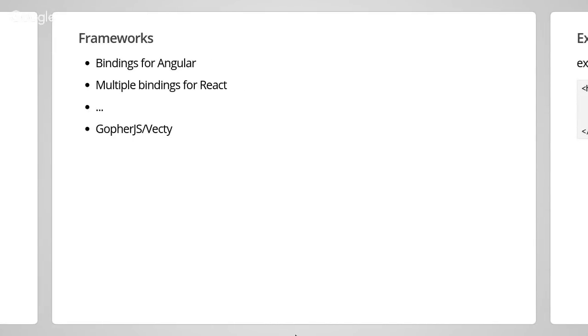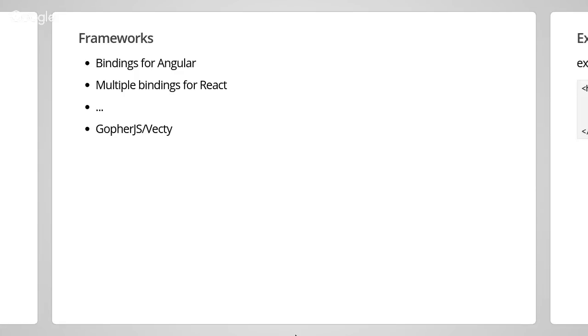To do the front-end part, I mean, as front-end developers, I would say they love to use frameworks for everything. And there are a ton of different frameworks. But Go4JS has you covered. There are bindings for Angular. There are multiple bindings for React. There are even other bindings for Vue or whatever is the current hip framework.